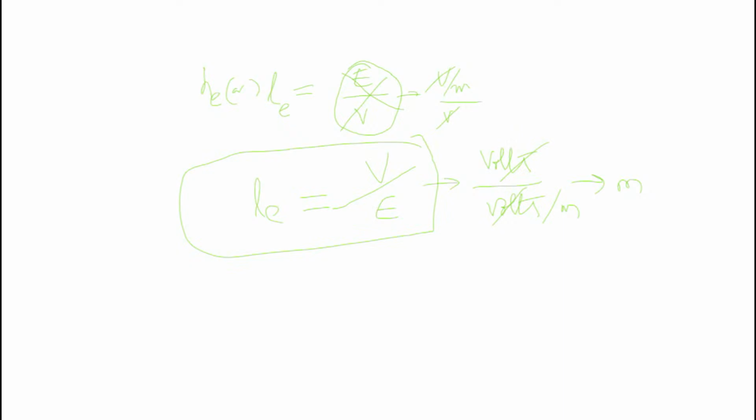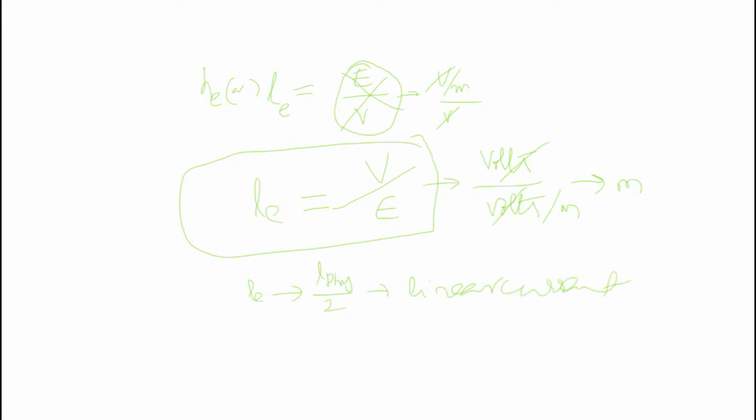Actually, this effective height is different for different current distributions. If there is a linear current distribution, this effective height LE is equal to L physical divided by 2. This L physical indicates the physical length of the antenna. And this is for linear current distribution.